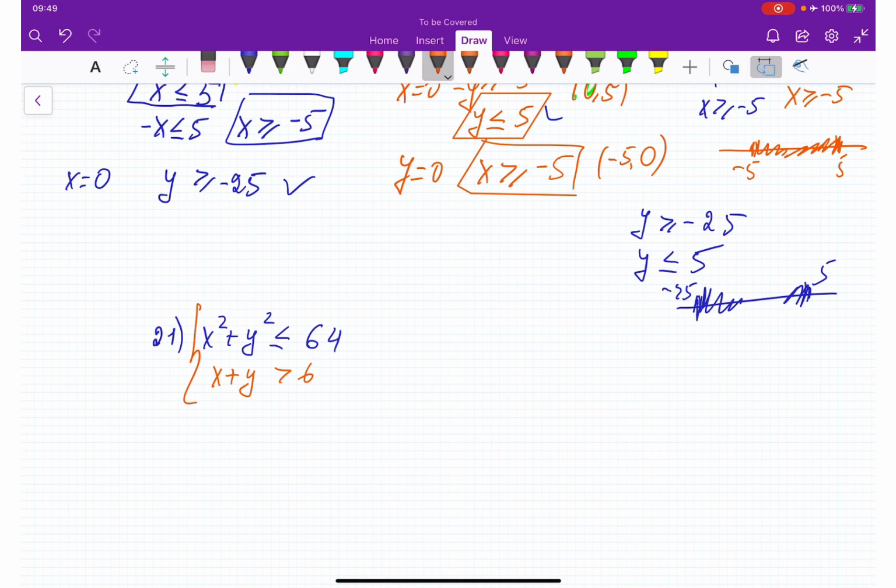So let's learn about the circle a little bit. x squared plus y squared less than or equal to 64.